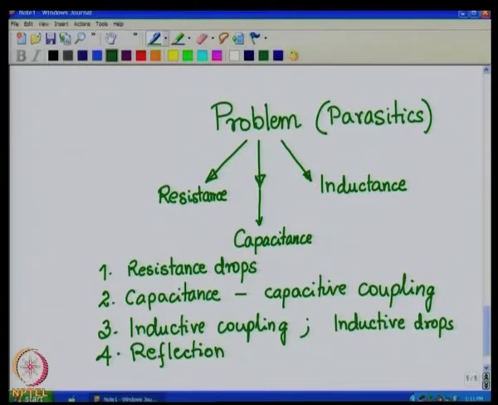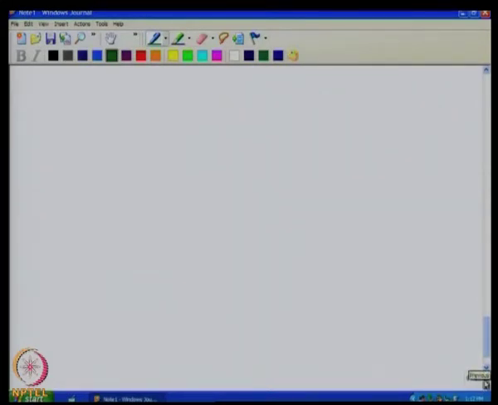Because of these transmission line effects, you will have reflections both at the source side and the destination or load side, and the waveforms will not be neat pulses, but will vary, and you will have overshoots and undershoots, as we will see later on. Now, these problems are the more common ones that we need to address. I am only stating the problems, but we also need to see how we take care of them.